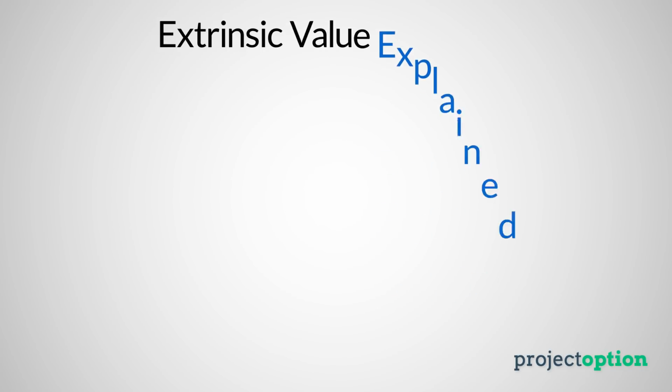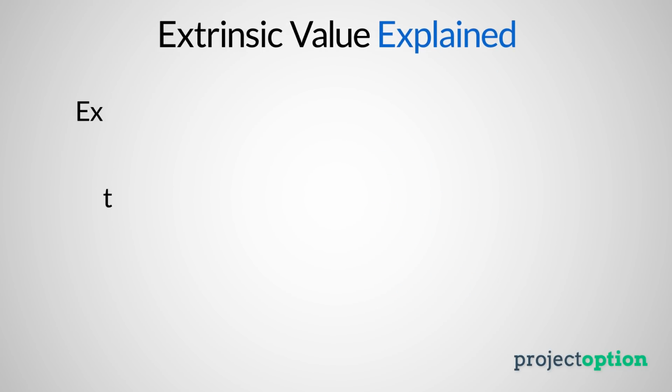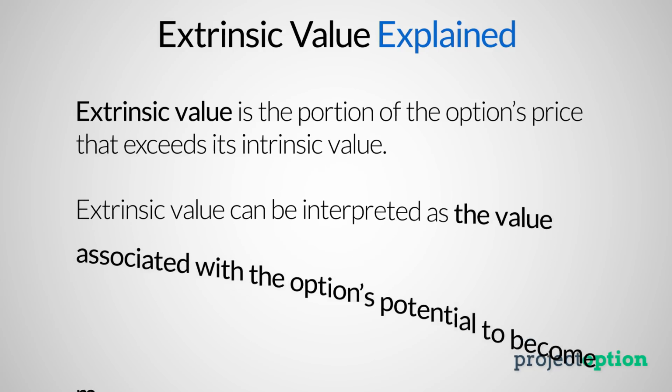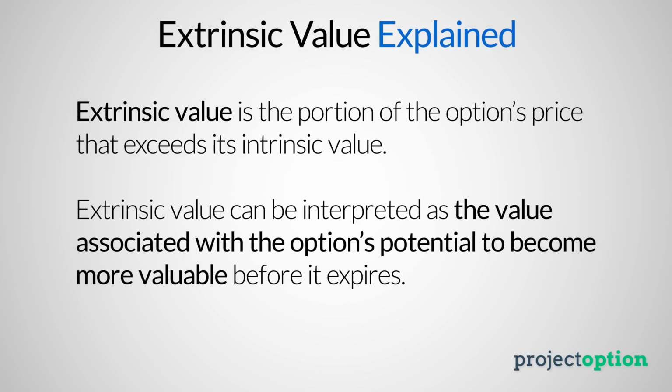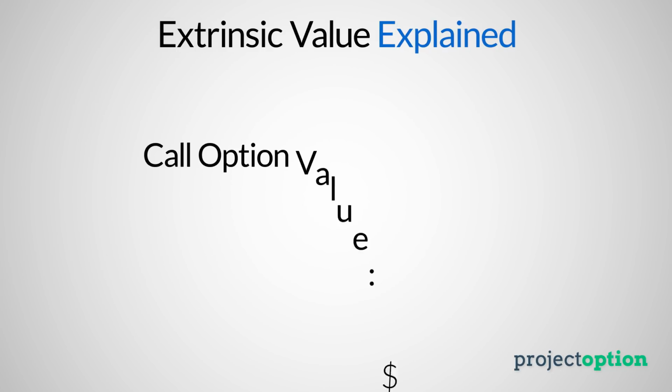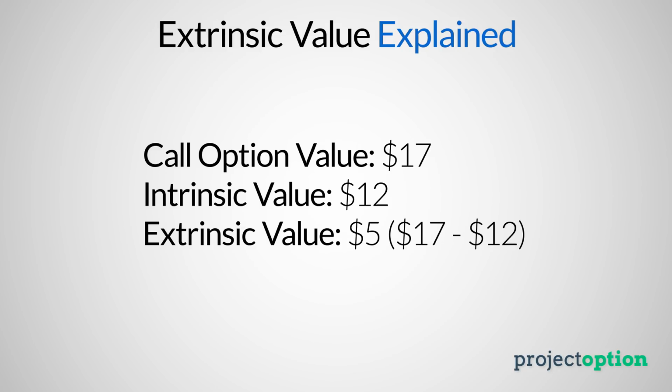So if you calculate that the option does not have intrinsic value, but the option is still worth something, then 100% of that option's price is extrinsic. So extrinsic value is the portion of the option's price that exceeds the intrinsic value that it has. So for example, if we have a call option that has $12 of intrinsic value, but the call option's overall price is $17, then that additional $5 over the intrinsic value is the option's extrinsic value.